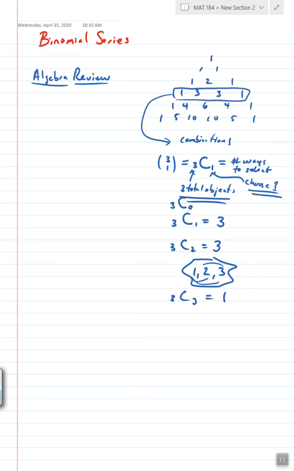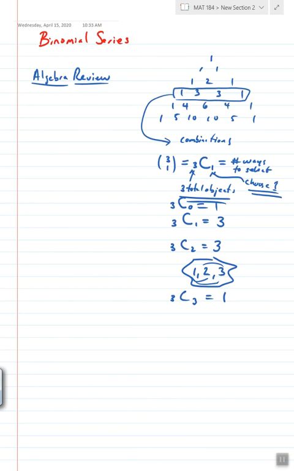I'll ask you guys this: how many ways are there to reach into a bag of 3 things and choose none of them? It's kind of a trick question. I guess 1. Yeah, there's 1 way to do it. You reach in and you don't take any. There's 1 way for that to happen.